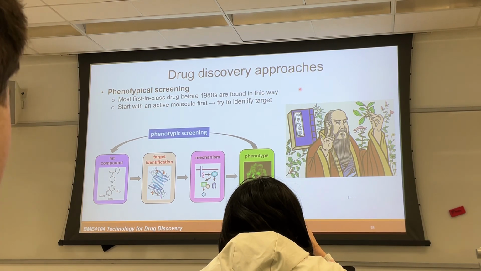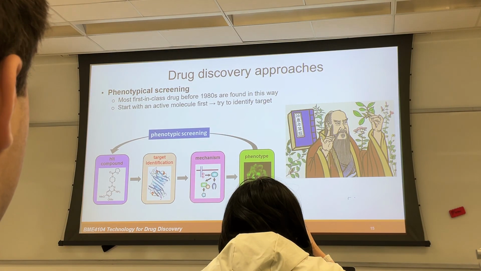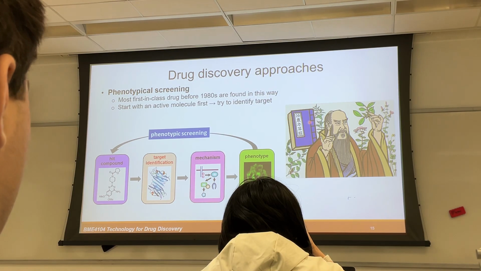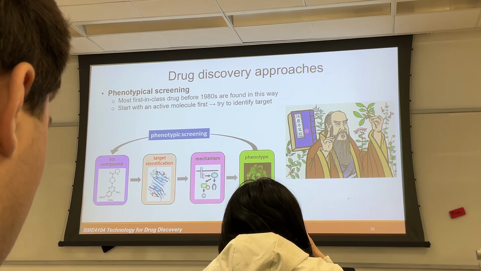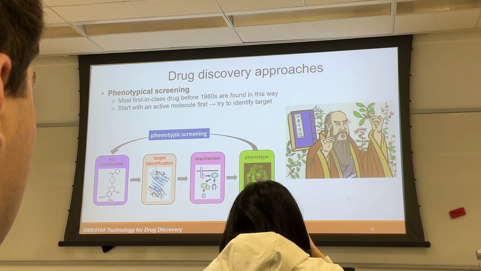Okay, so this is the picture of ancient Chinese painting. So this is a book called 本草纲目. Maybe many people already know this. So this is how an ancient character in China took thousands of herbs to find out the useful ones.